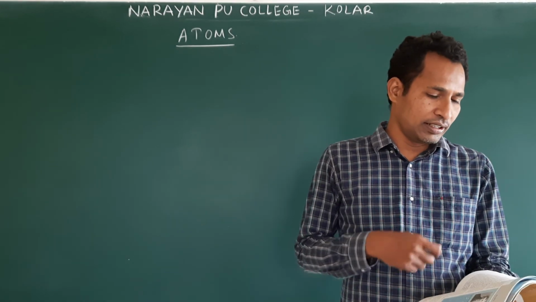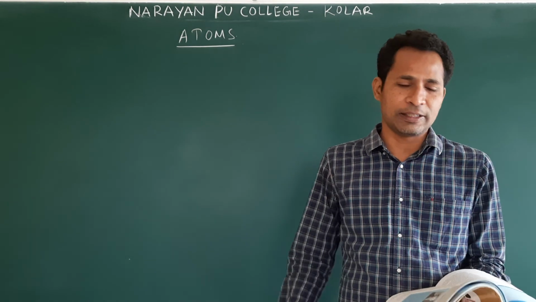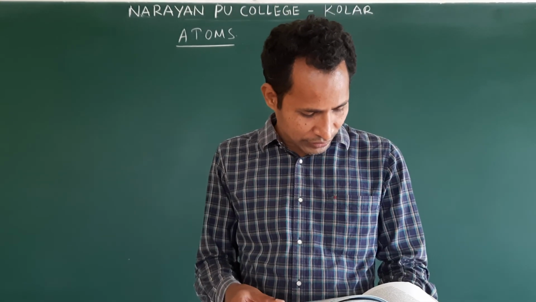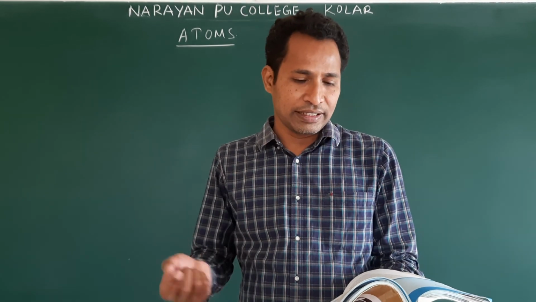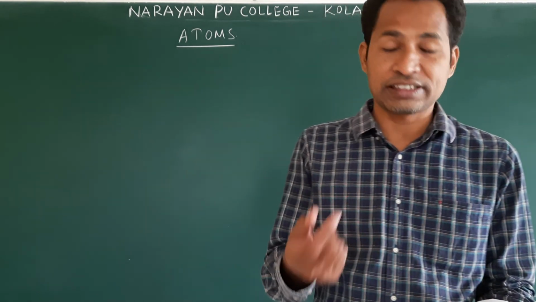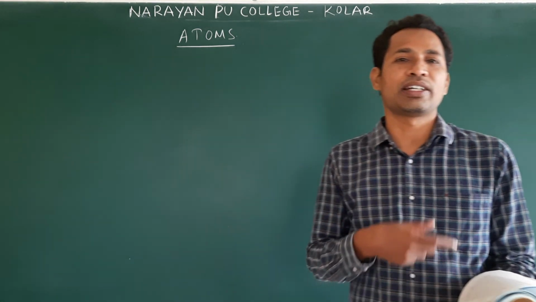This is the model on which all other models are based. Clear? After that, it failed. Why does the radiation come out? Why do the spectral lines form? This phenomenon was not explained by the J.J. Thomson model.